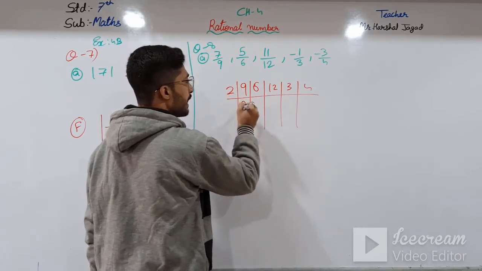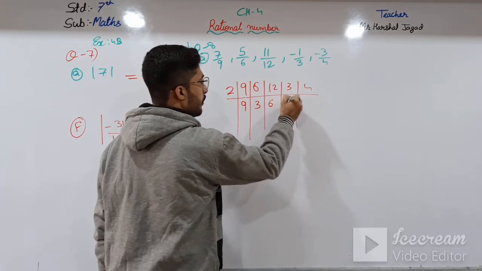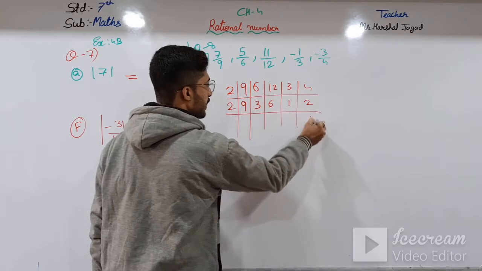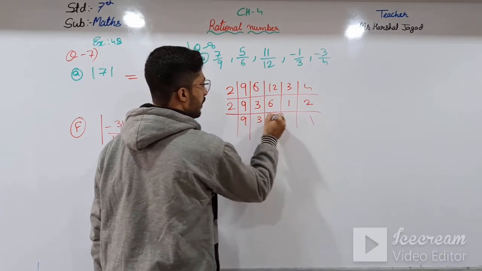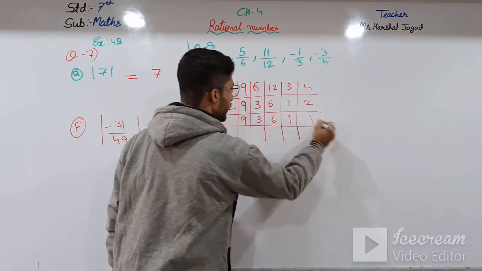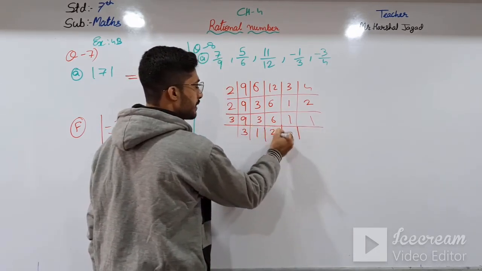Here 9 will remain as it is, 3s are, 6s are, 1s are, 2s are. 2 1s are 2, else all as it is. Here taking 3, 3 3s are 9, 3 1s are 3, 3 2s are 6.